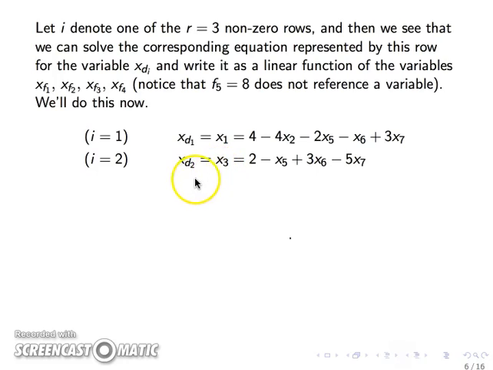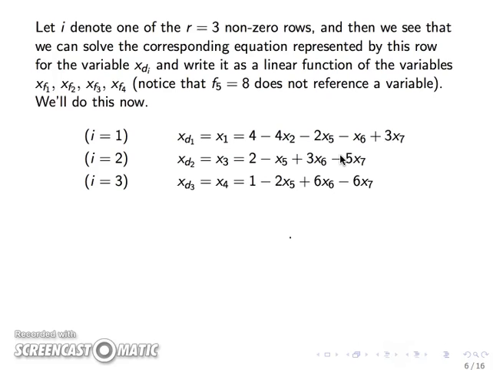So doing the same, reading from the second row in the RREF, we can solve for x3 as this expression and find that x3 can be written as an expression that involves x5, x6, and x7. All of those indices are in the set capital F, and the same can be done for x4. So x4 here is expressed in terms of x5, x6, and x7.